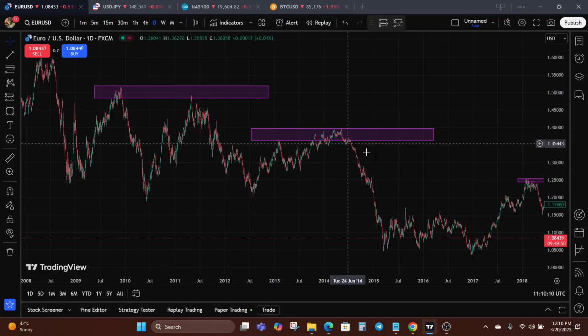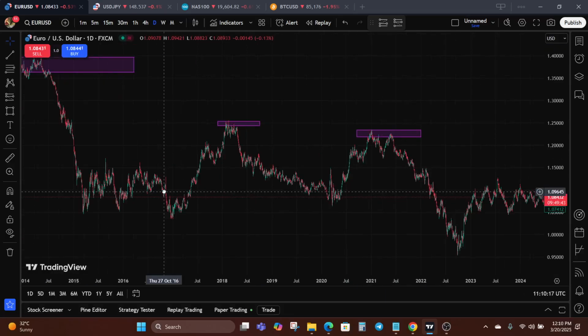This tells us that sellers overwhelmed buyers at these levels, creating a resistance zone.